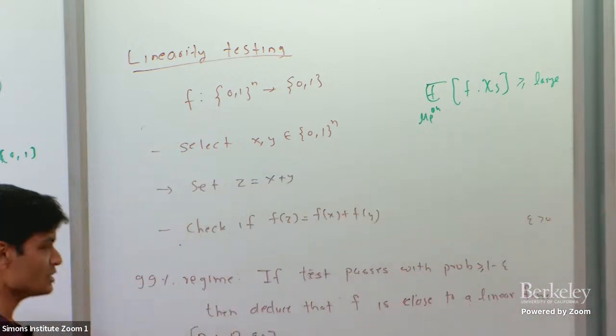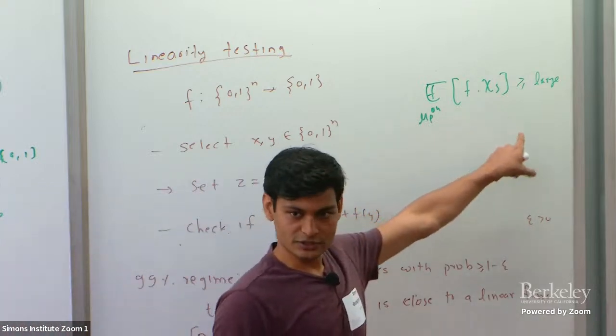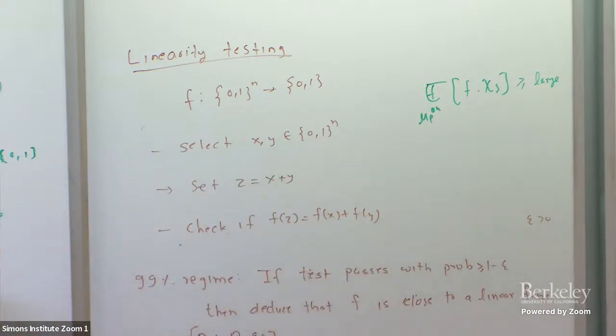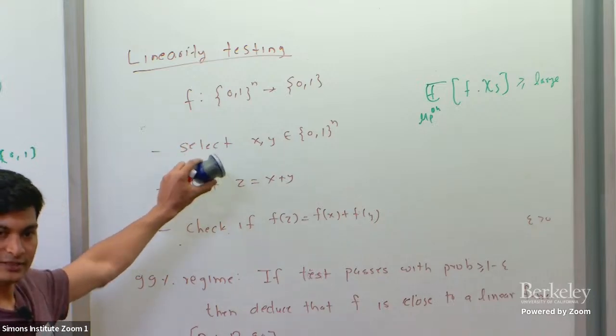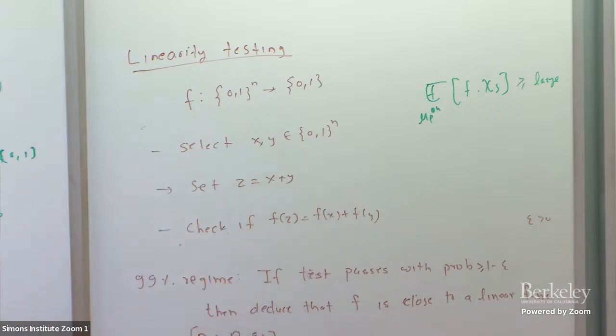So there we ask whether f is correlated to this character. Or if x and y are mu_p, then z will be mu_p. No, that's not the test. This is just an example of a test, just to motivate what was known. I didn't even tell you what the test is for now, I just defined it. We want a test where each query is distributed according to the p-bias measure. But yeah, that's not the test.